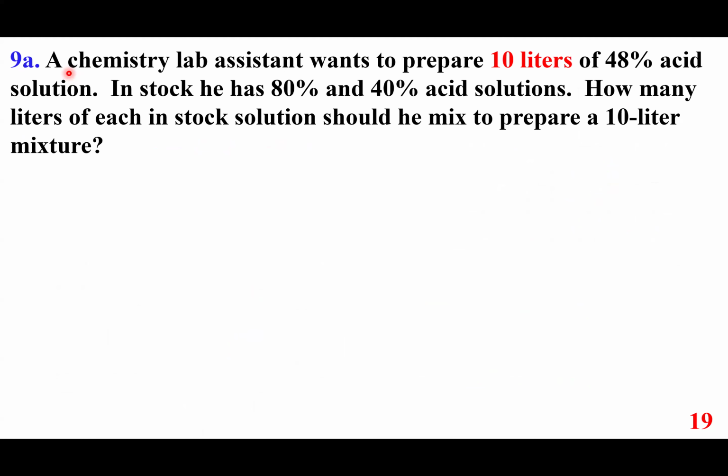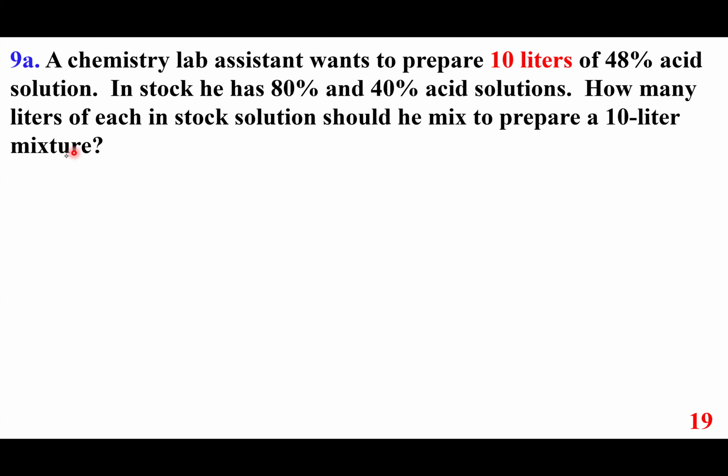A chemistry lab assistant wants to prepare 10 liters of 48% acid solution. In stock, he's got 80% and 40% acid solution. How many liters of each in-stock solution should he mix to prepare a 10-liter mixture?